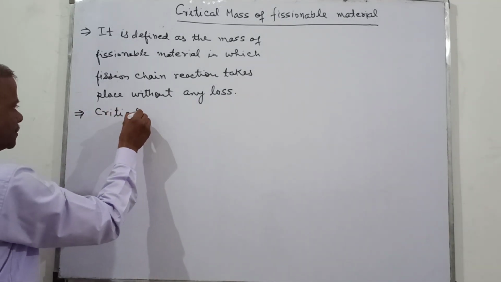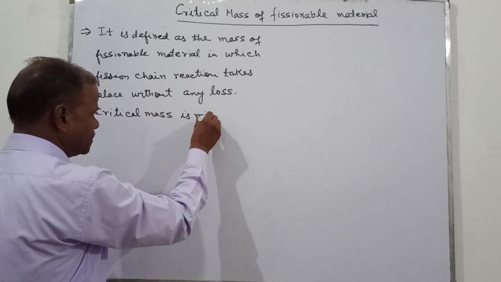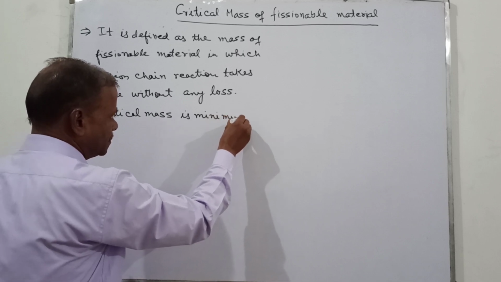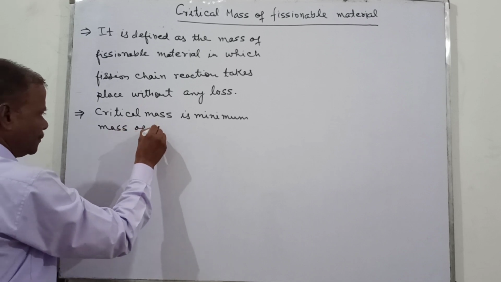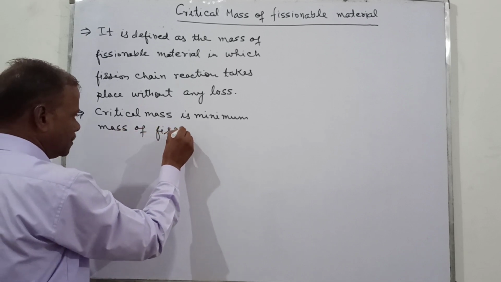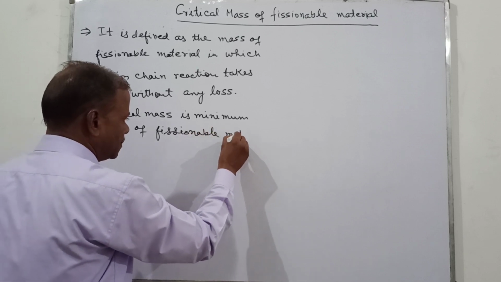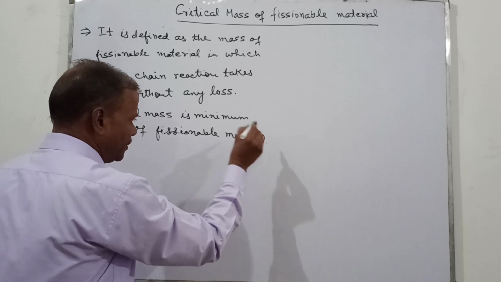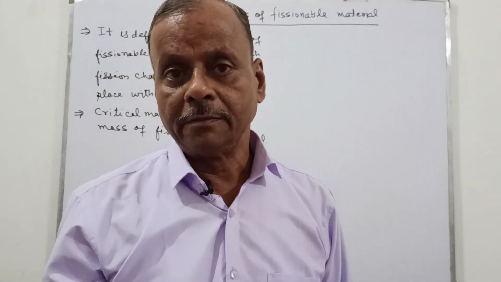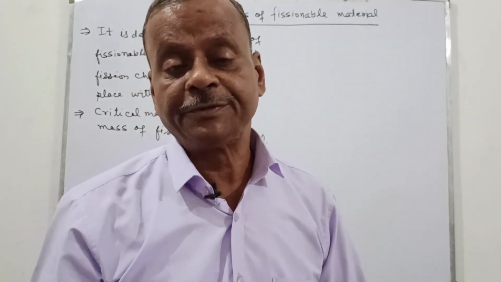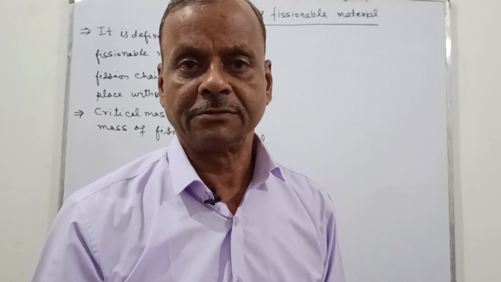Critical mass is the minimum mass of fissionable material. For maximum there is no limit, but this is the minimum one. If the mass is less than this minimum mass, then no chain reaction will take place.